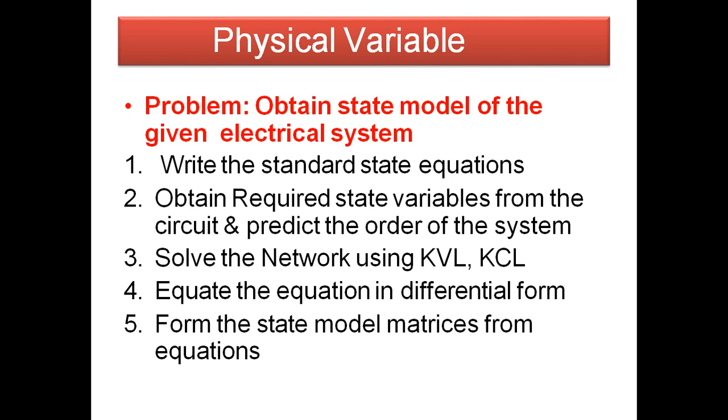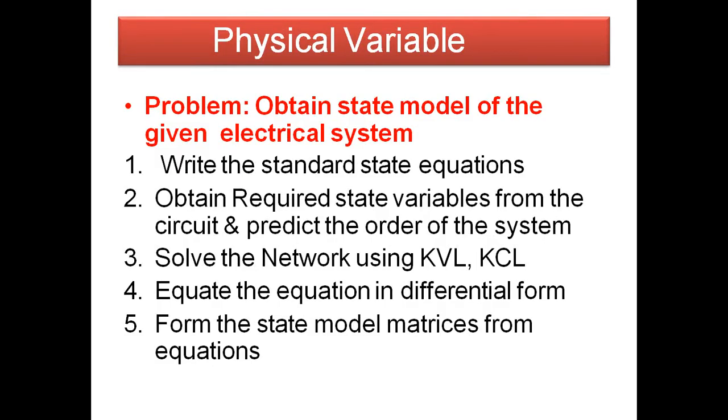Those variables we call physical variables. First, we write the standard equations, then obtain the required state variables from the circuit and predict the order of the system, solve the network using KVL and KCL, equate the equations in differential form, and form the state model matrices from the equations. This is how we can get a state model from a physical variable. So let's see how we can do that.